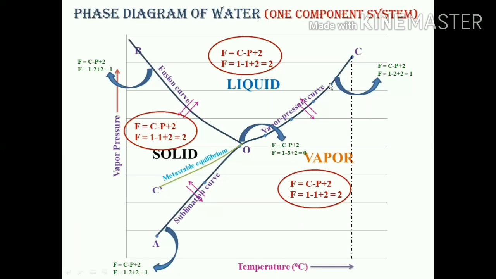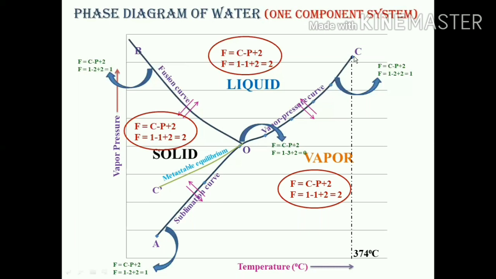Now the point C. The point C actually has the temperature of 374 degrees centigrade. Actually, what happens is that the curve OC can extend as far as point C, or let's say it extends as far as the critical temperature of water, which is 374 degrees centigrade. Why?